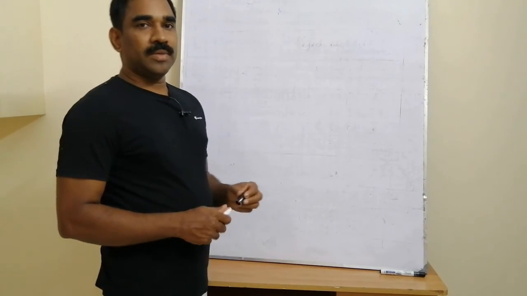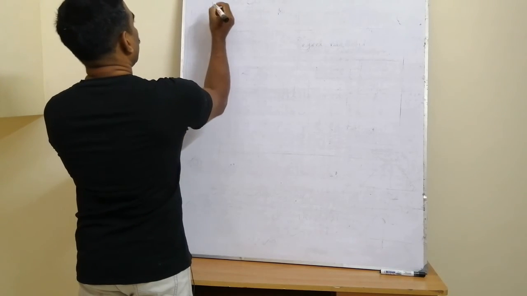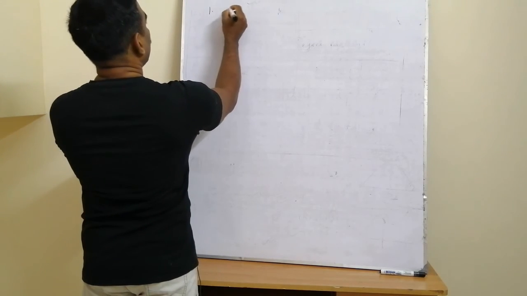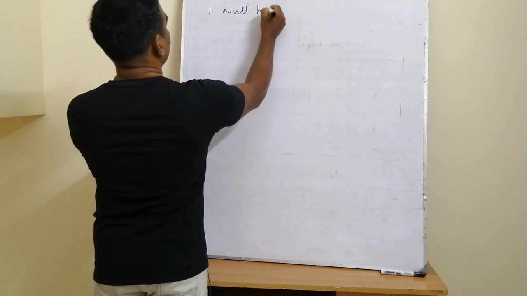Now see what are the different steps involved in hypothesis testing. Step number 1, write down the hypotheses, null hypothesis and alternative hypothesis.